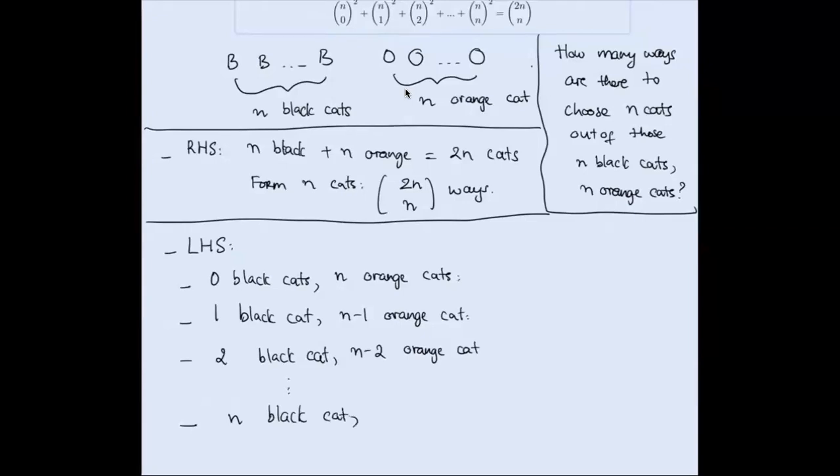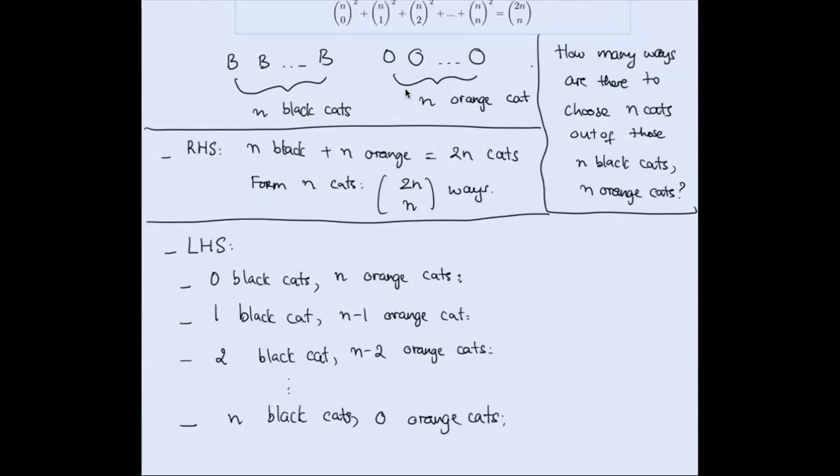And if I have n black cats, then I would have 0 orange cats. So those are mutually exclusive cases because they cannot happen together. Either it is this case, or this case, or this case. So every case is pairwise disjoint.